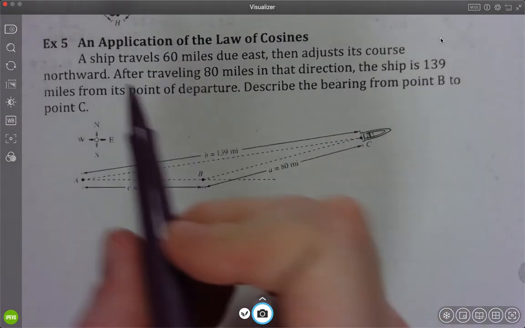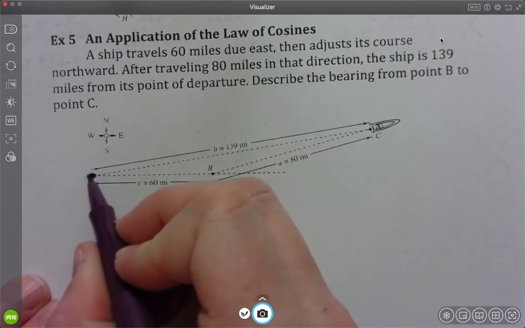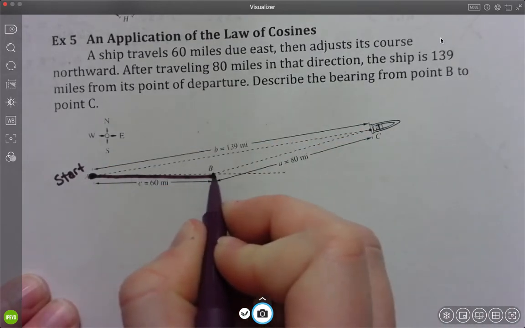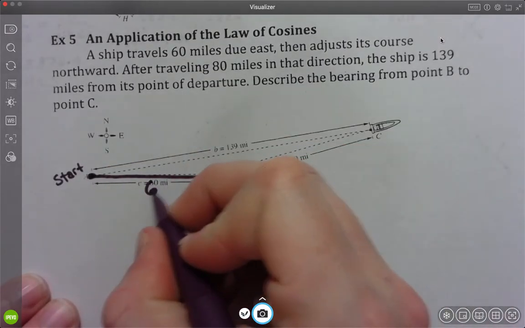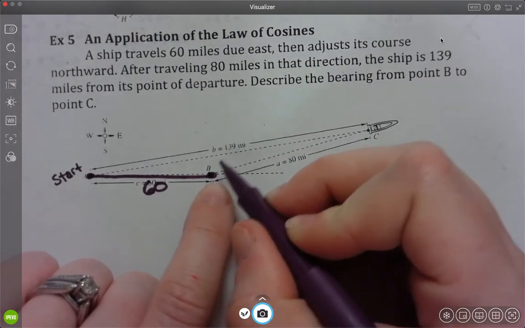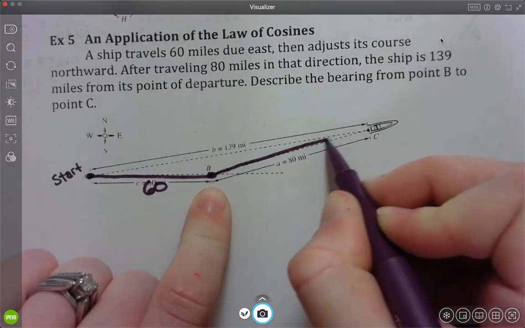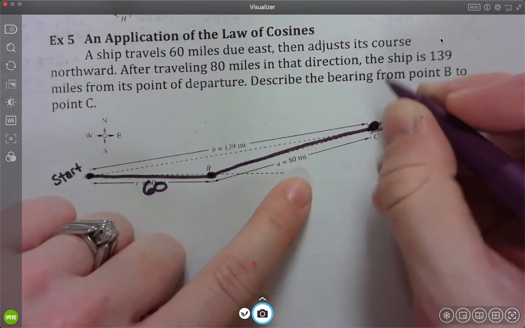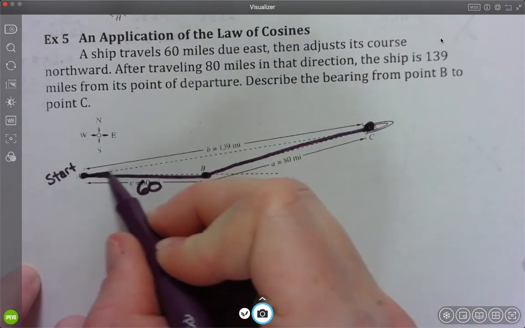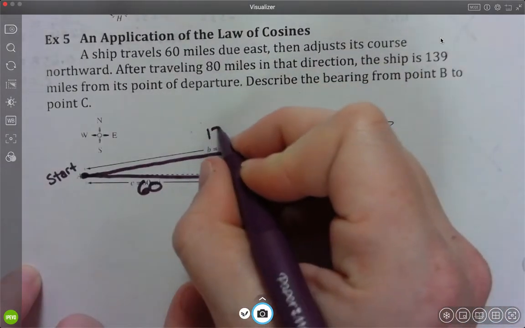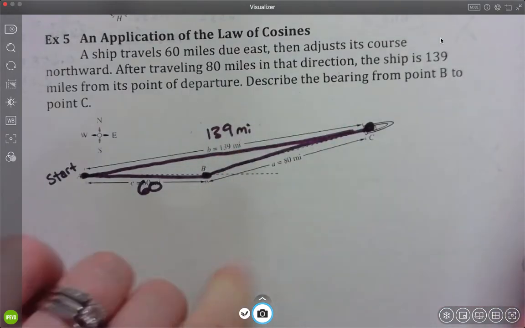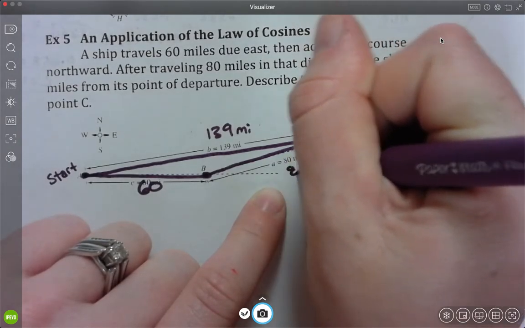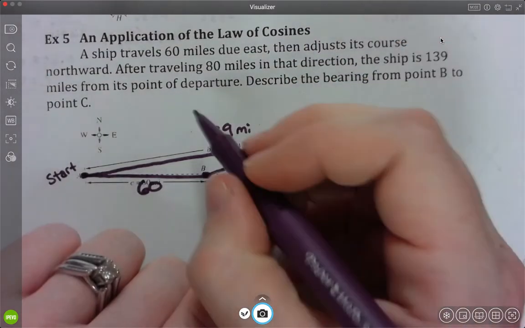A ship travels 60 miles due east, so we're starting here at A. We travel 60 miles from here to B. And then we start going in some sort of north direction for 80 miles, and we stop at C. We turn around and notice that we are now 139 miles from where we started. So this guy is going to be 80, 139, 60.